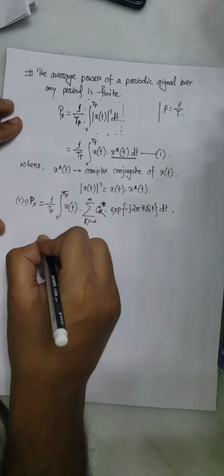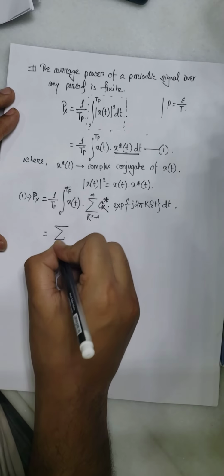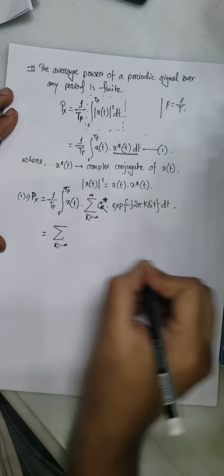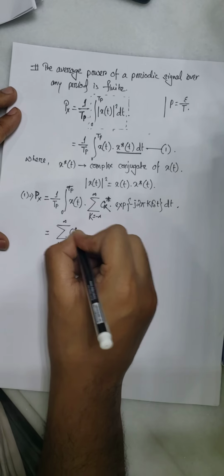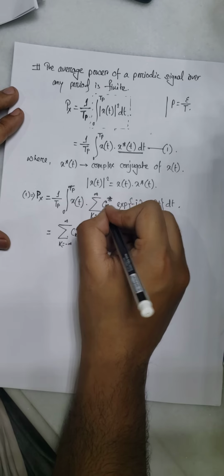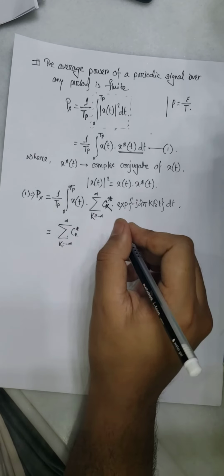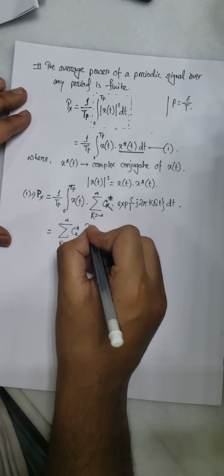Now, as I have said before, interchanging the integral and the summation, the running sum, does not affect the outcome of this expression. So let us interchange that, where the running sum is taken outside of the expression, and ck, as it does not depend on this integral, that means ck, since it does not depend on time, can also be brought out with the running sum.